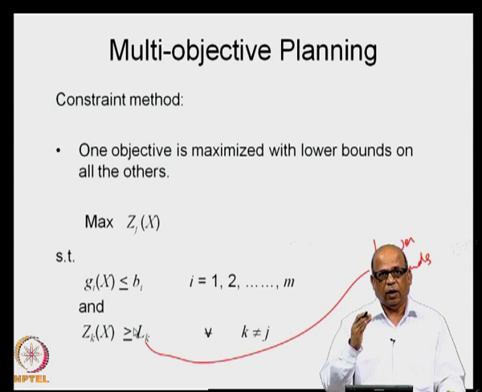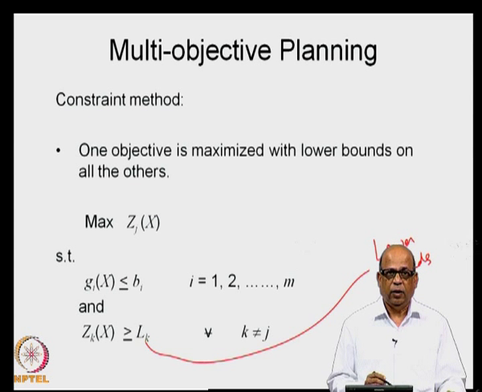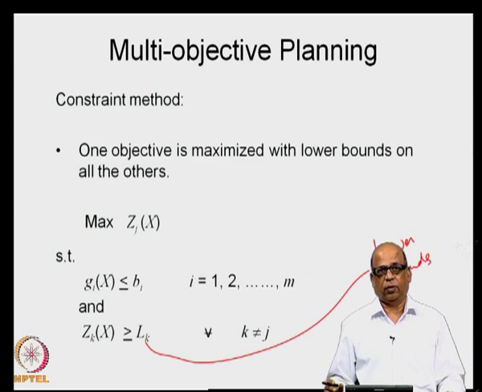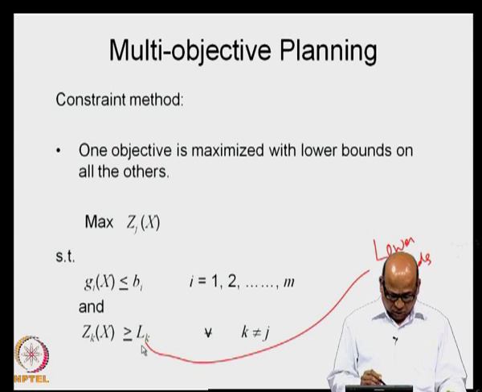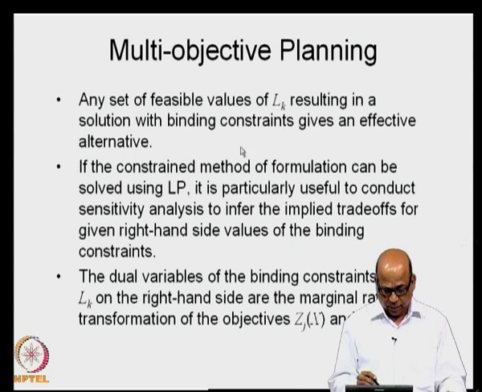That means it has been fully satisfied, exactly at that point. So, there is no slack available for that particular constraint. Then we call it a binding constraint.